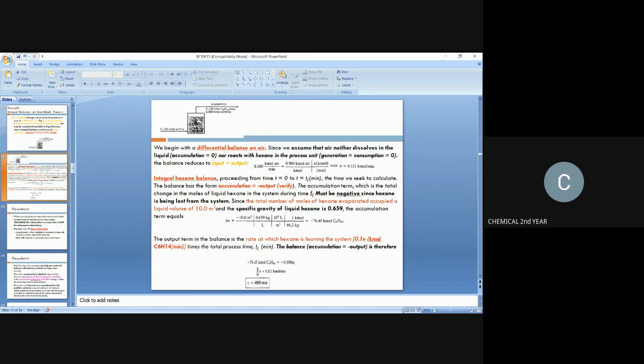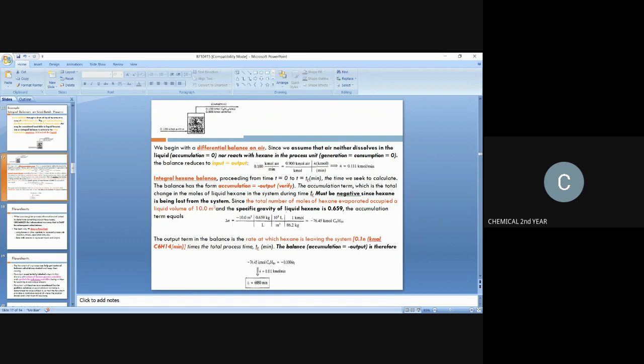The accumulation term delta n is equal to minus 10.0 cubic meters into 0.659 kilogram per liter into 10 to the power of 3 into 1 kilomole divided by 86.2, which is equal to minus 76.45 kilomole of hexane. The output term in the balance is the rate at which hexane is leaving the stream, that is 0.1 n kilomole hexane per minute times the process time t final minutes.